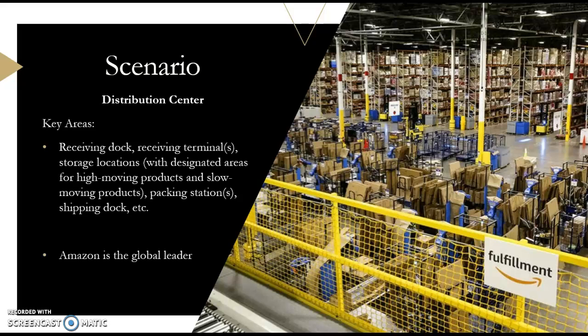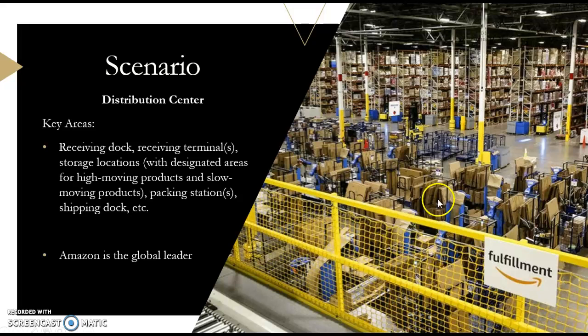To get a more universal look at the distribution center style of business, Amazon was the one that I chose to use as an example. They are obviously one of, if not the biggest, distribution business in the world.